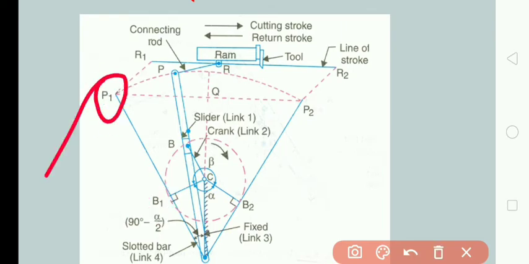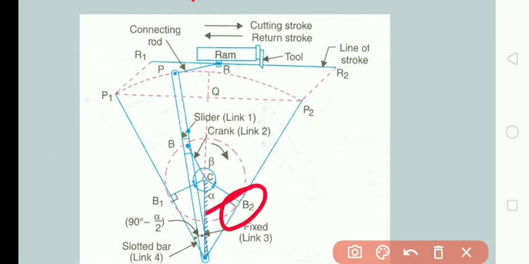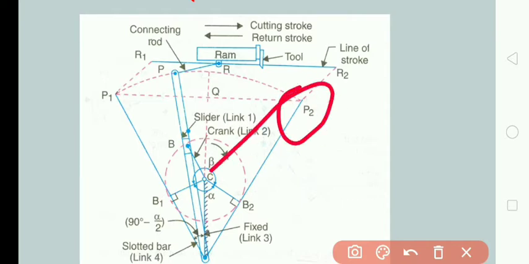be at P1. Similarly, when the slider position is at B2, the point P will be at P2. So what does it mean?